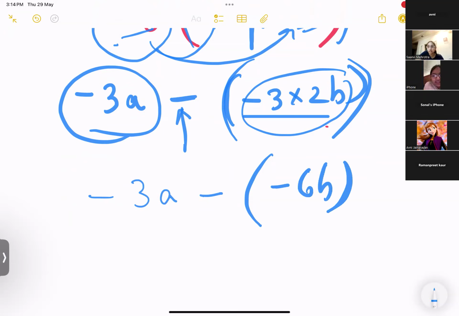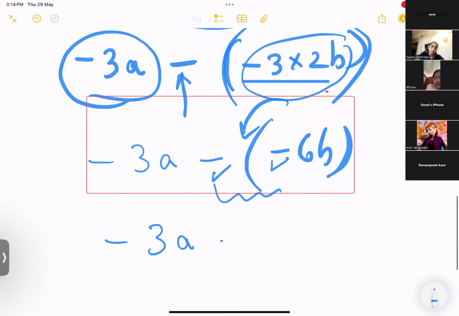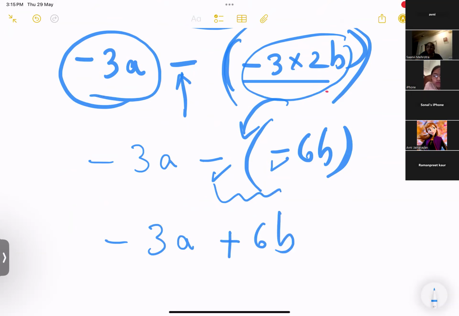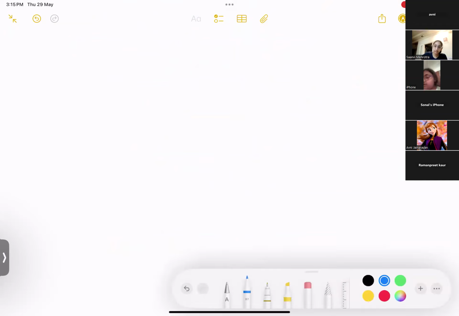Now see, there was a bracket over here, correct? Minus times minus becomes plus. Minus 3a plus 6b. Any problem here? While I open the bracket, I change the sign. Any problem there, children? Have you not understood? Samaira, did you understand? Yes. Okay. Let us take one more question on a similar topic.